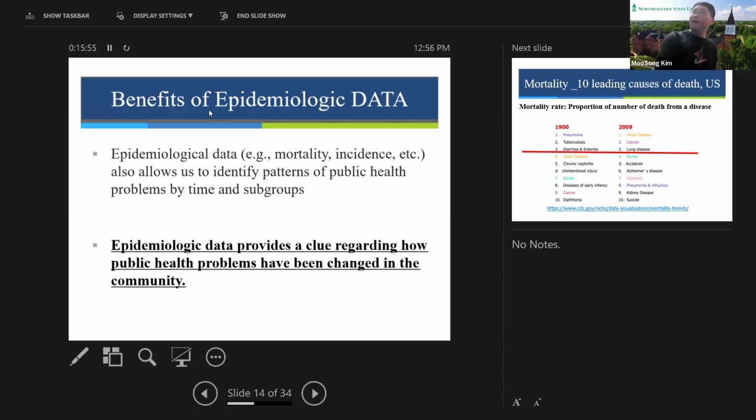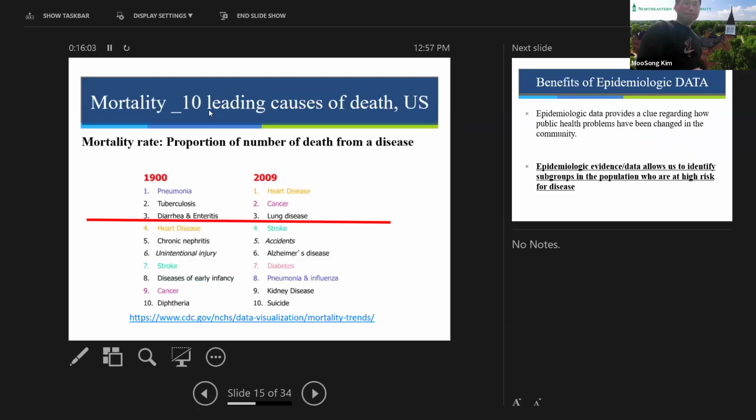So first of all, as I mentioned, they provide a clue regarding how the public health problem has changed in the community. Did you see the pattern of the disease over time? What kind of patterns did you guys find from this data?